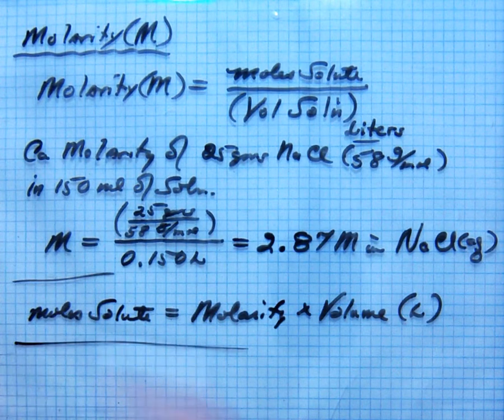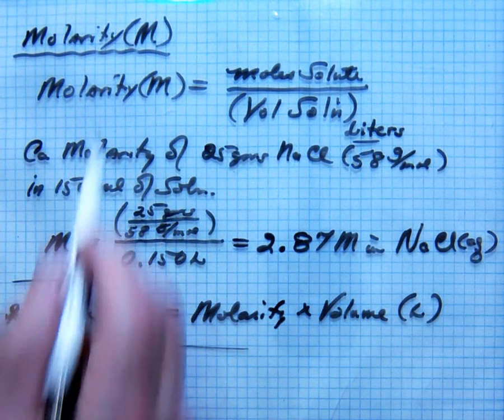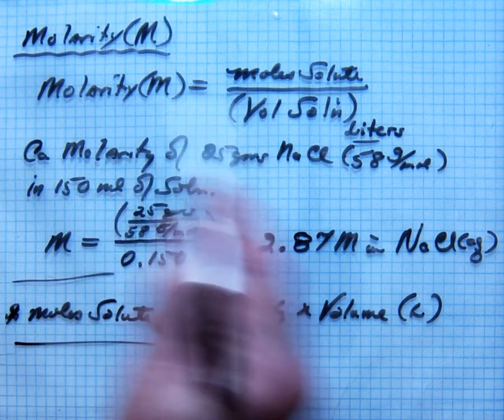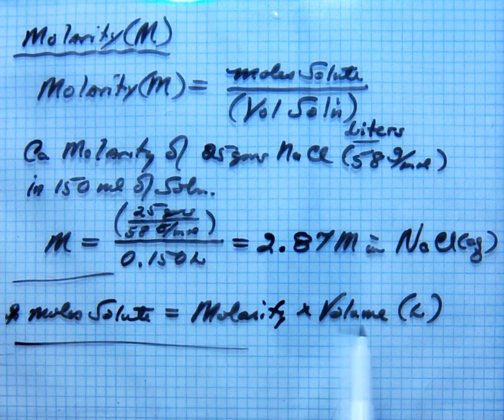But I just wanted to remind you that this definition of molarity leads to a very important relationship that is used extensively in stoichiometry reactions. So please check mark that and keep it in the back of your head as we go forward. Okay, so that one you're familiar with.